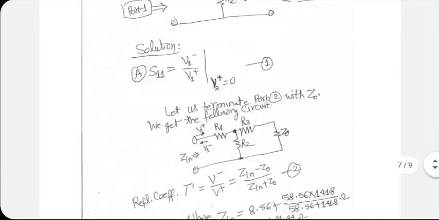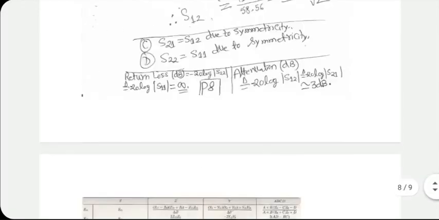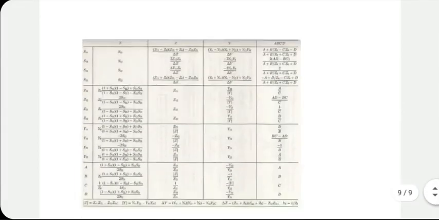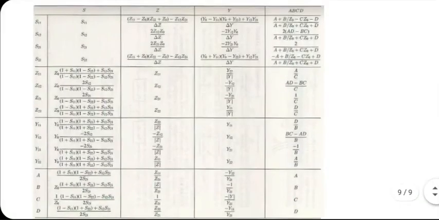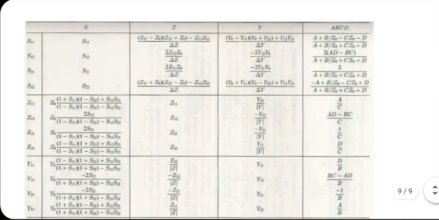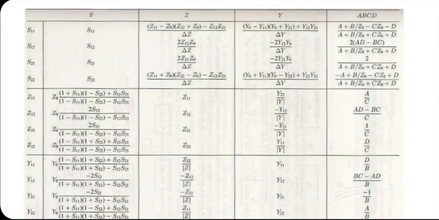Now, we know that derivations are tedious. This problem I'll take later on, or maybe I will even ignore it. I want to give you a practical solution to avoiding derivations for S parameters. This is a table that contains all the formulas for converting one kind of circuit parameters to another.